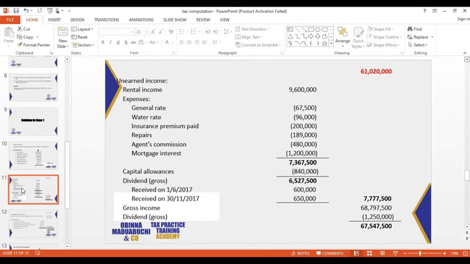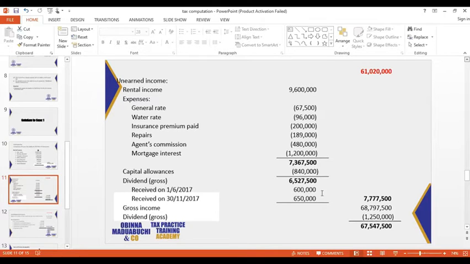Now, apart from that, we add his income from rent. His income from rent is 6,527,500, and he has his income from dividend, another unearned income, which is the addition of 600,000 plus 650,000.